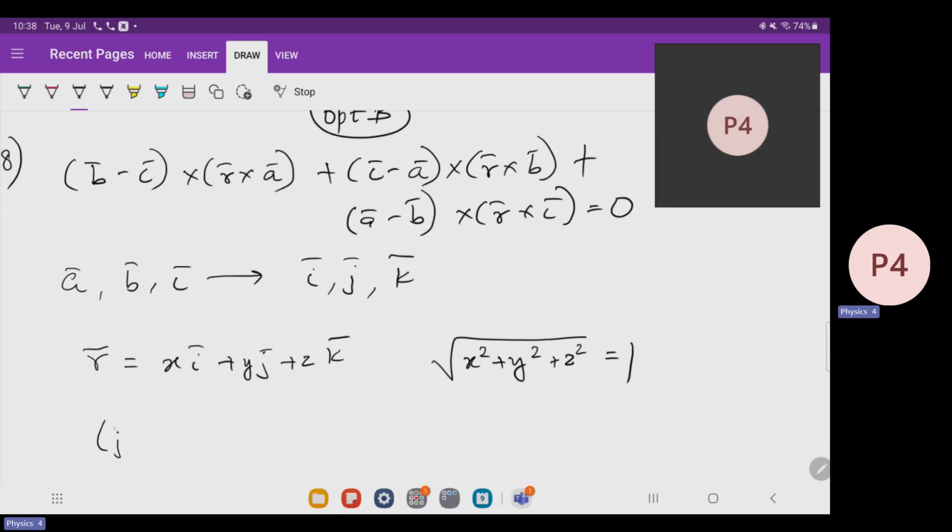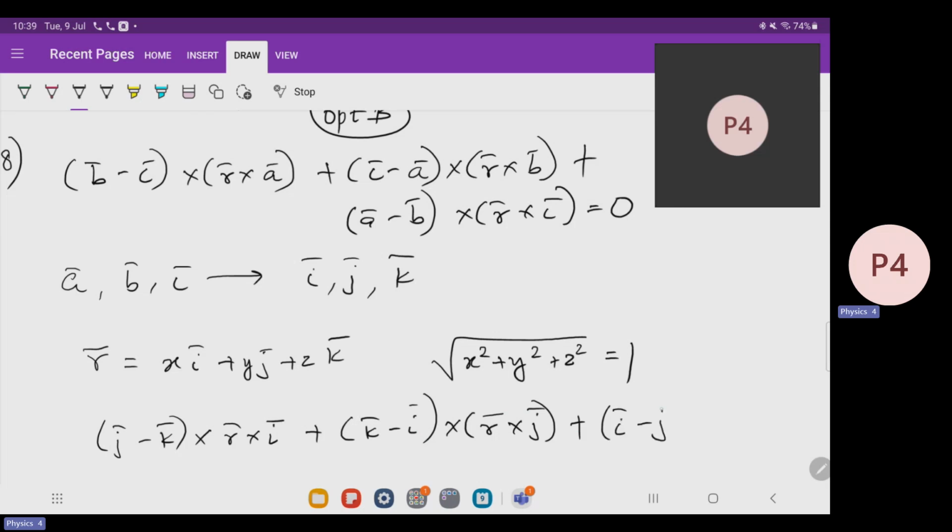So (j minus k) cross (r cross i) plus (k minus i) cross (r cross j) plus (i minus j) cross (r cross k) is equal to 0.